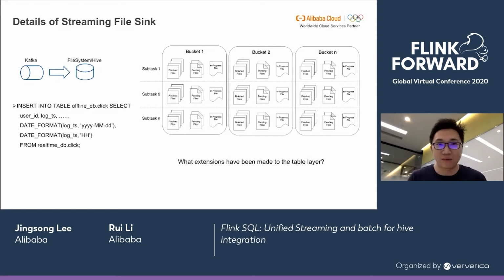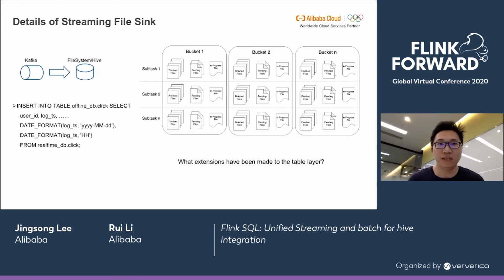Let's move to the details of streaming file sync. Before Flink 1.11, streaming file sync was already available. It provides exactly-once file sync. The checkpoint mechanism can ensure exactly once.